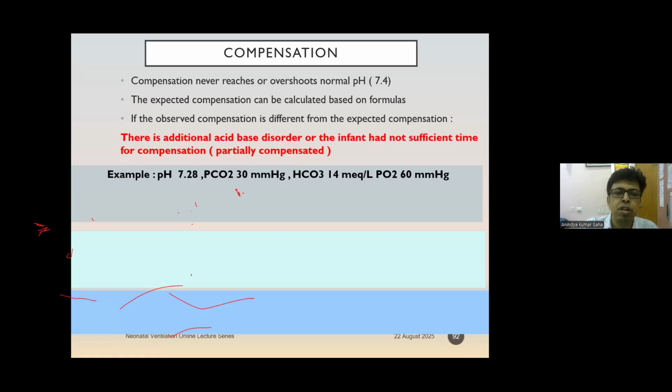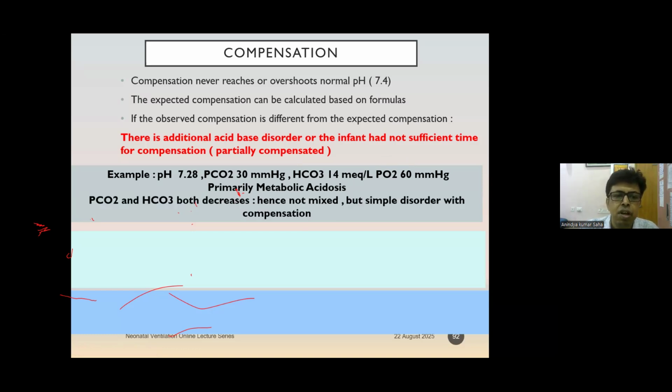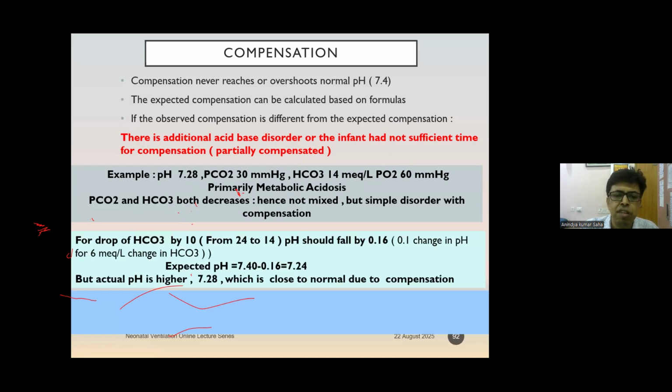For example, if the pH is 7.28, PCO2 is 30, and bicarbonate is 14, let us see. It is a primary metabolic acidosis, since bicarbonate is low and PCO2 is also low, both in the same direction. So it is not mixed, but rather simple with compensation. Let us see how much compensation is expected.